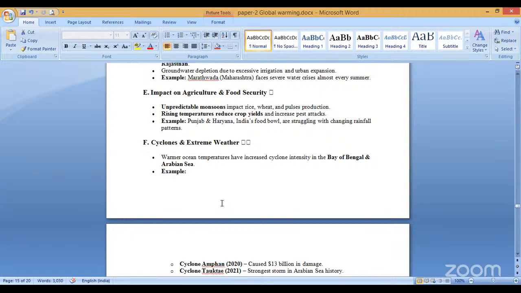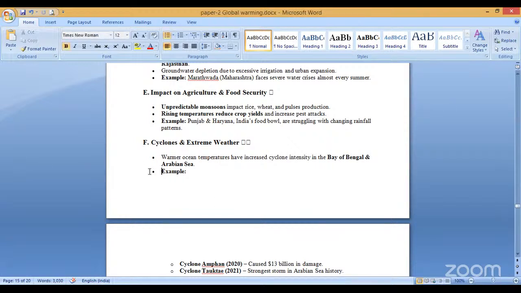Unpredictable monsoons impact rice, wheat, and pulse production, and rising temperatures reduce crop yield and increase pest attacks. Examples: Punjab, Haryana, and India's food bowl are struggling with changes in rainfall patterns. Cyclones and extreme weather: warmer ocean temperatures can increase cyclone intensity in the Bay of Bengal and Arabian Sea.